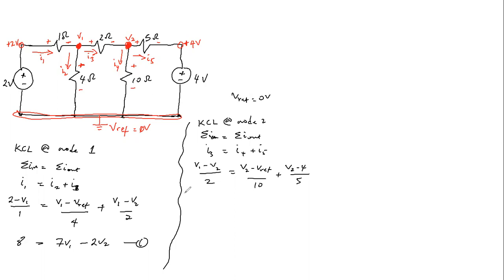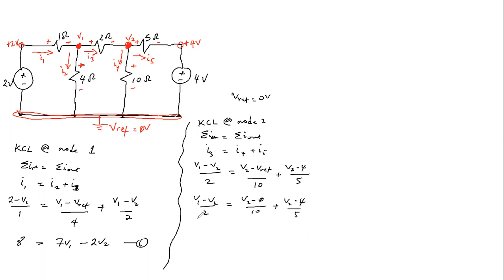So if we expand this, (V1 minus V2) over 2 is the same as (V2 minus 0) divided by 10, plus (V2 minus 4) divided by 5.